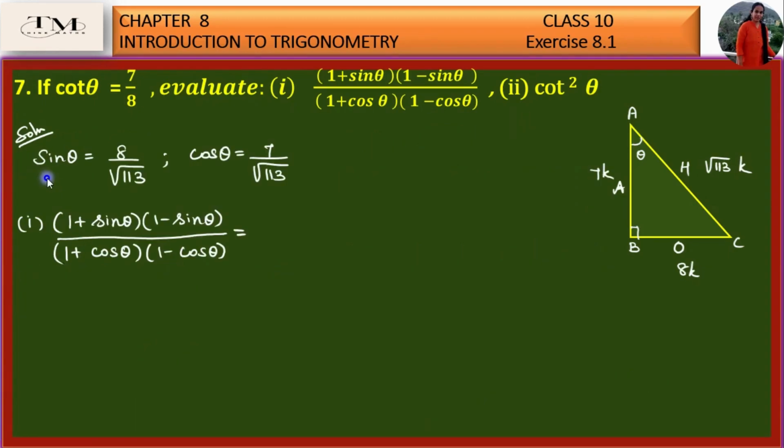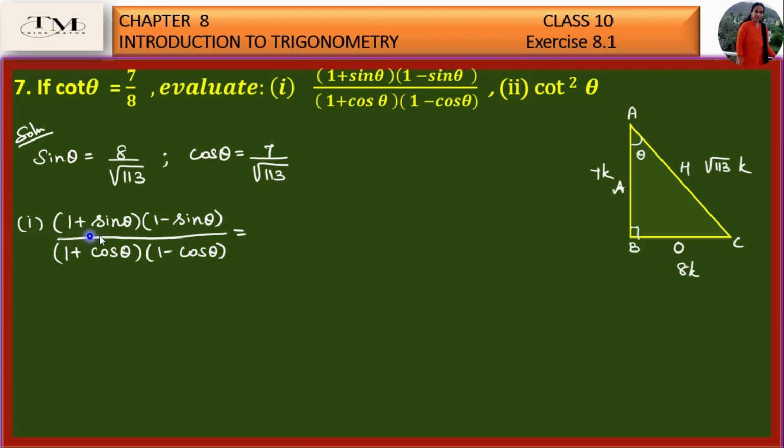So in the previous page for the 7th problem, we have found sin theta is equal to 8 divided by root 113. Cos theta is equal to 7 divided by root 113. So we have the values of sin theta and cos theta, so we can find out the solution for the first part.